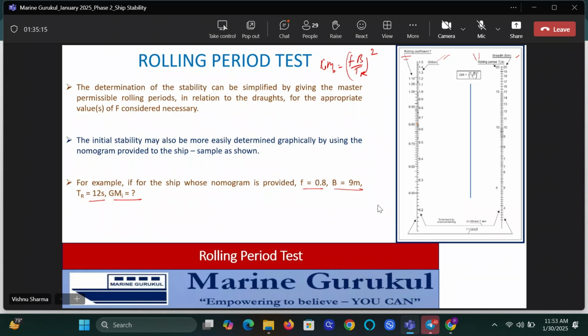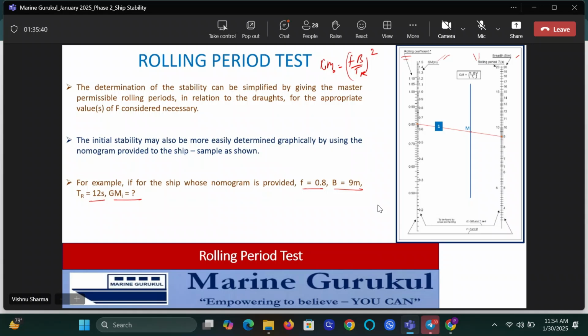Then using the breadth scale, we mark 9 meters. We join them with a straight line. This is line 1. Now this line cuts the ratio line where? It cuts the ratio line at M.